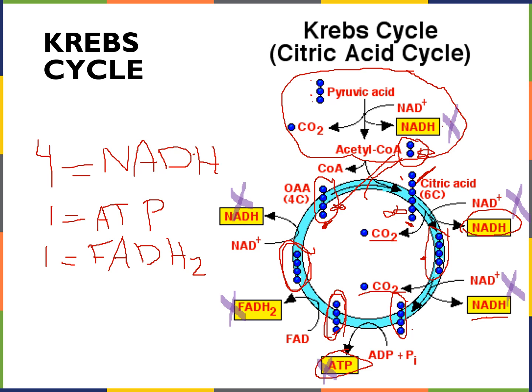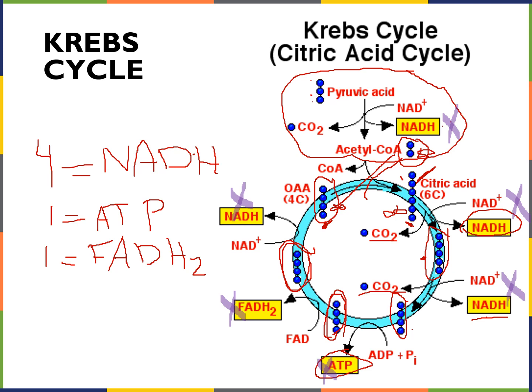You make 30 molecules of ATP during the Krebs cycle. So if you add 10 and 30 together, you get 40. However, remember, you had to use 2 molecules of ATP to get the entire process started. So 40 minus 2 is 38.